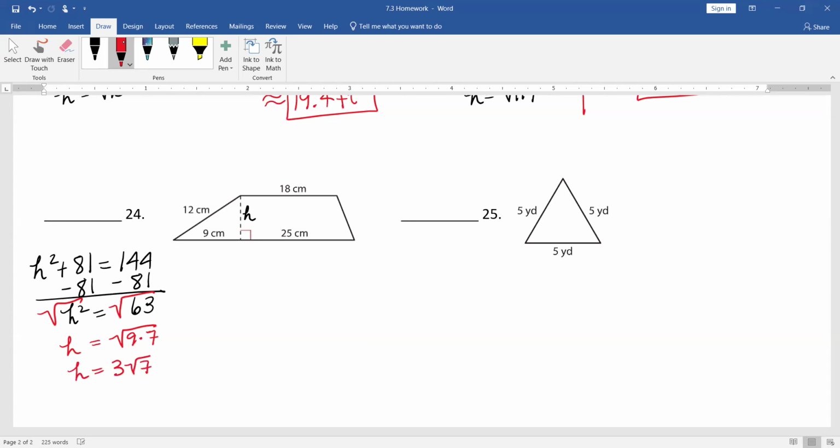All right, so once I have the height, we need to go to our area. So the area of a trapezoid, if you remember, is 1/2 of the height times the bases added together. So in this case, my entire bottom base, 25 plus 9, is 34. So we've got to add these together, get the whole thing. This is 34 plus 18. Oh, and sorry.